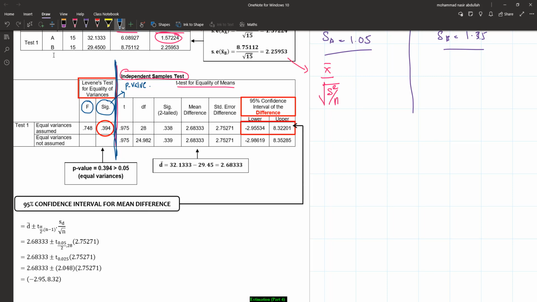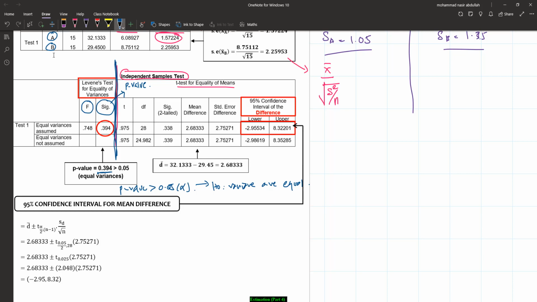Here we have group A and group B again. The p-value is 0.394, which is more than 0.05. So when the p-value is more than 0.05, which is our alpha, we're going to accept the null hypothesis, and we conclude that the variances are equal for both groups.